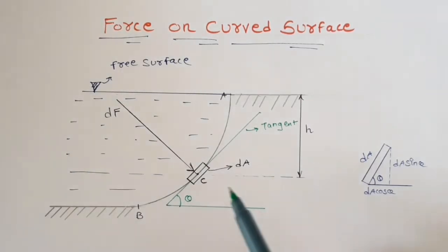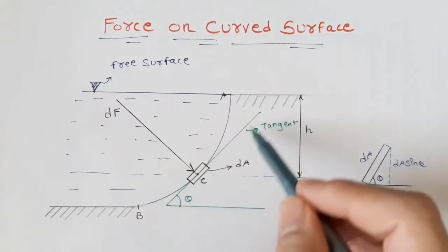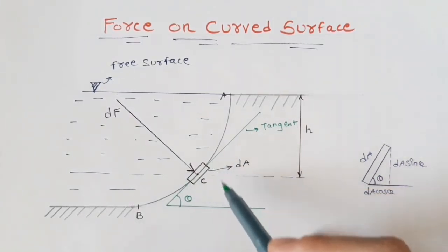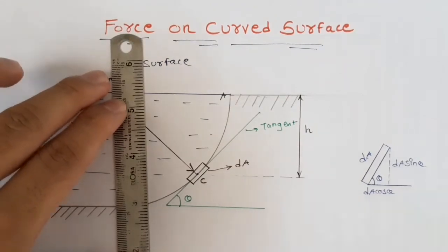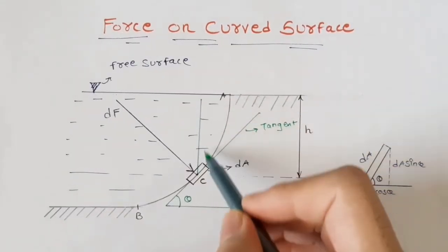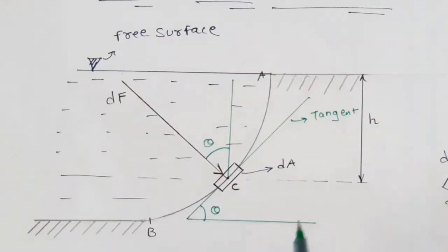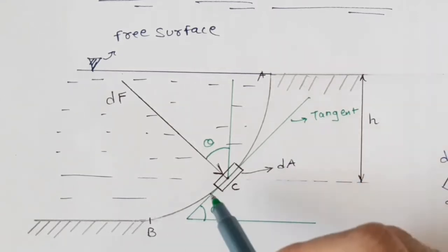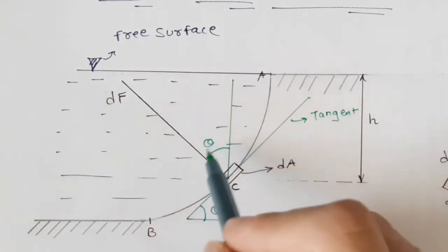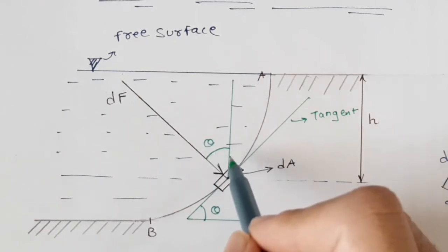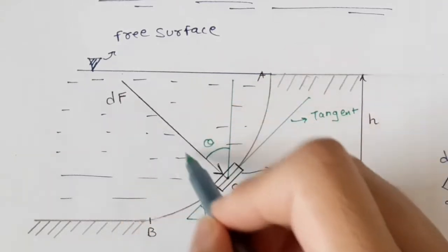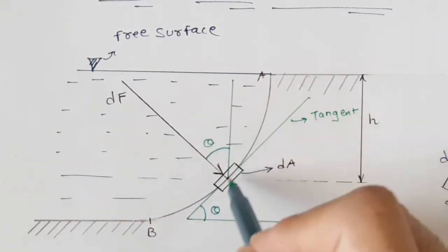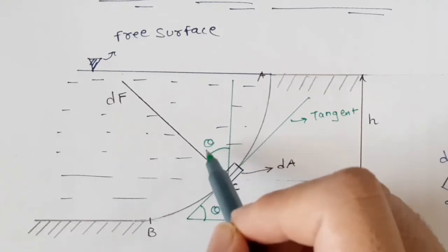As dF is perpendicular to this tangent, I will draw a line which is perpendicular to the horizontal. Now the angle theta is between the horizontal and the tangent, so the angle between dF and this vertical line will also be theta. Why theta? From angle symmetry, because the line perpendicular to the tangent is dF and the line perpendicular to the horizontal is this vertical line, so the angle between them will be theta.